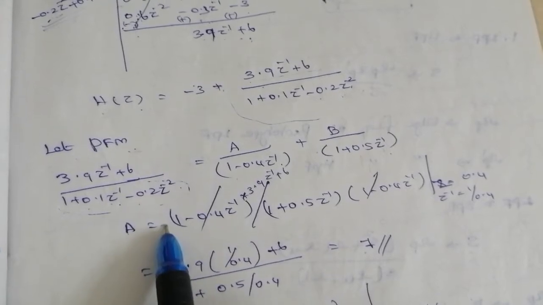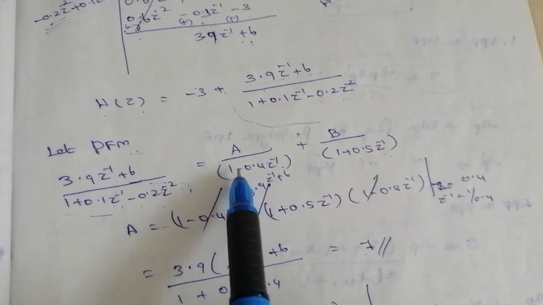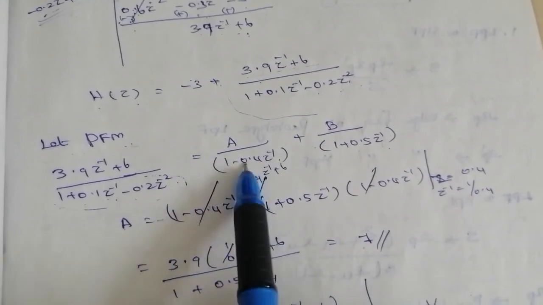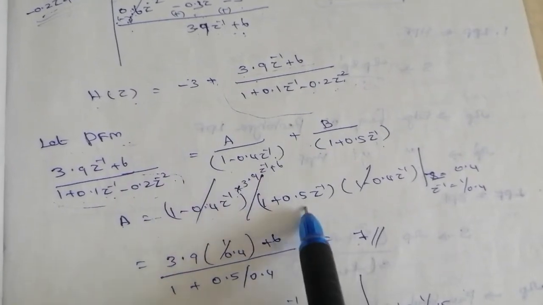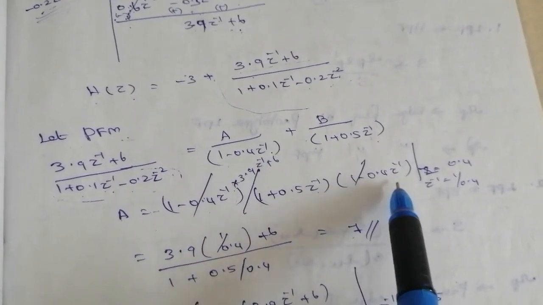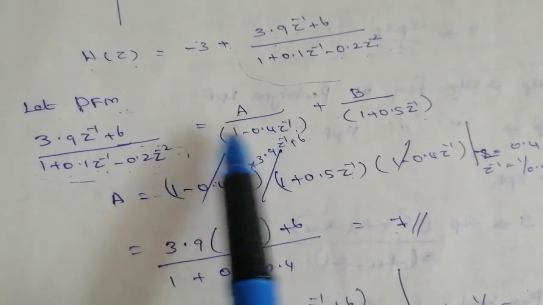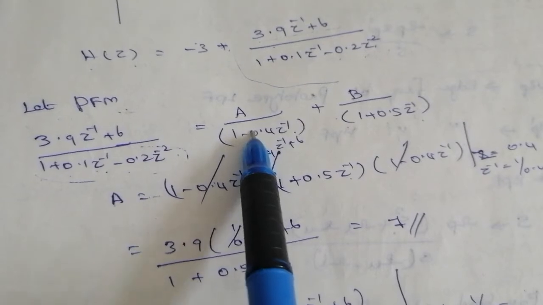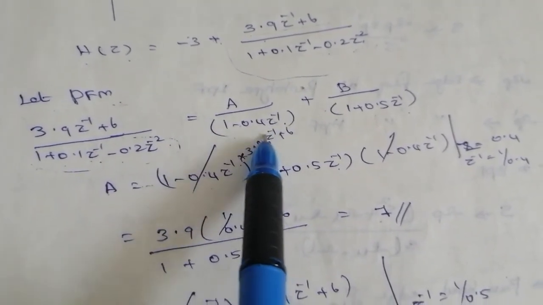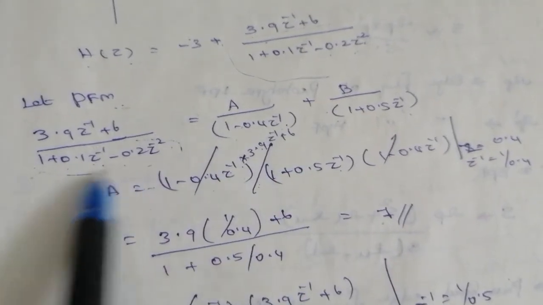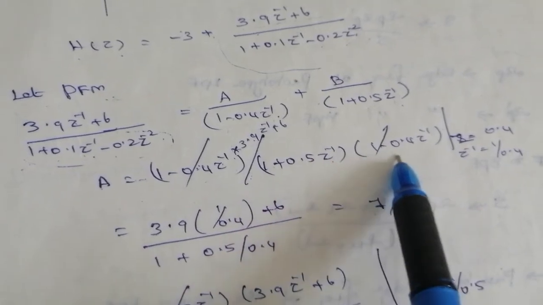So A equal to the denominator factor divided by whole factors. That is 1 minus 0.4 z inverse divided by 1 plus 0.5 z inverse into 1 minus 0.4 z inverse, right? So for the A value, we cross multiply this factor to here: 1 minus 0.4 z inverse into 3.9 z inverse plus 6, divided by this whole term, which is these two factors, 1 plus 0.5 z inverse into 1 minus 0.4 z inverse.